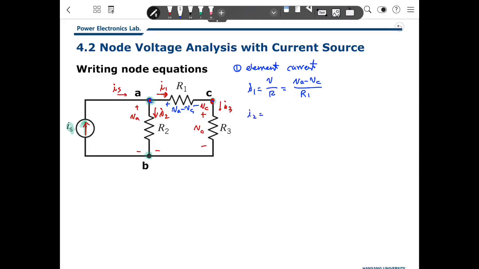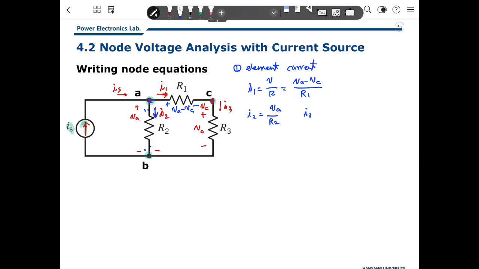And what is I2? I2 is the current here. The resistor is R2, and the voltage difference from terminal to terminal is VA. So I2 is VA over R2.